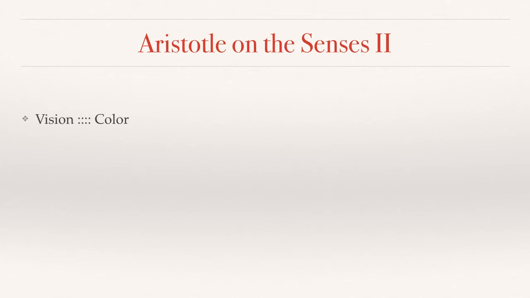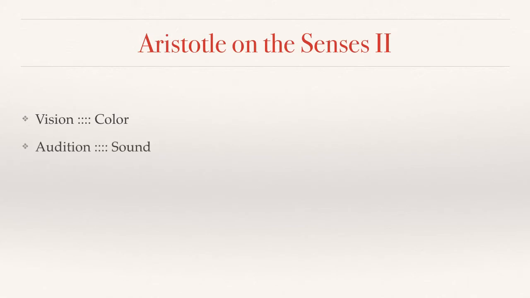So the eye is what allows us to sense the visual properties, and the thing which we thereby come to perceive, the proper sensible of vision, is color. So that according to Aristotle, when you're perceiving color, it involves something to do with the eyes, and then that somehow creates, or we'll talk more about what this means exactly in a more general way in a second, but you're in contact with the property of color.